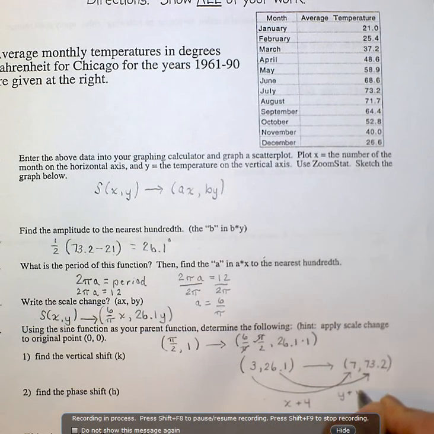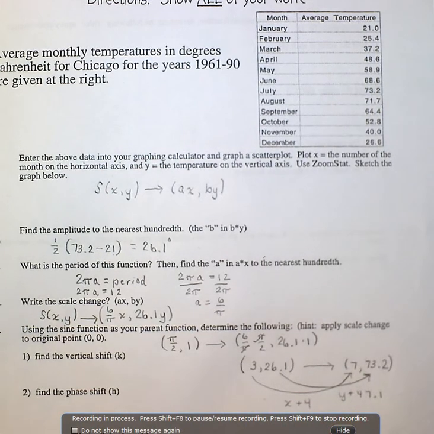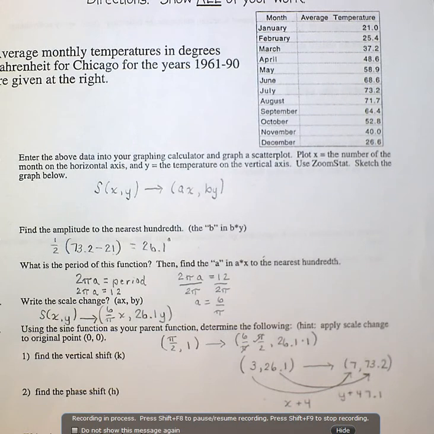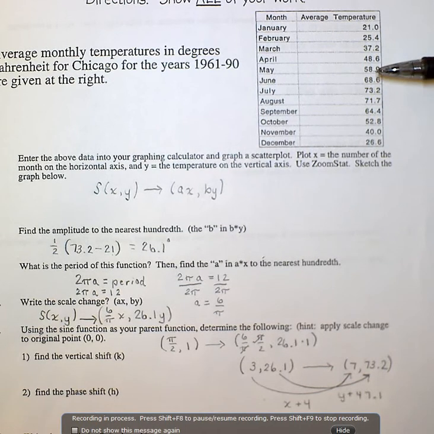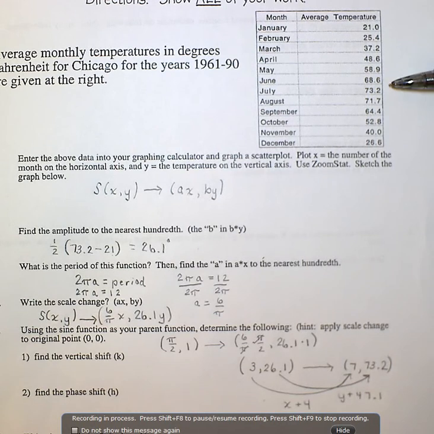Yeah. Okay. So basically what we've determined is after the scale change, our coordinate would be at month 3 with a high temperature of 26.1 degrees. But that's not what we saw in our data. In our data, we saw that it wasn't until month 7 that we reached a high point when that temperature reached 73.2 degrees. So there was more shifting that had to go on.